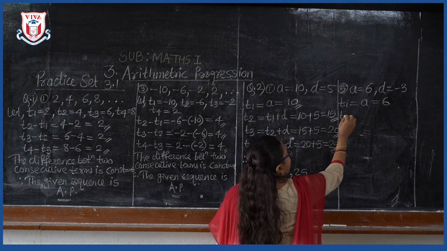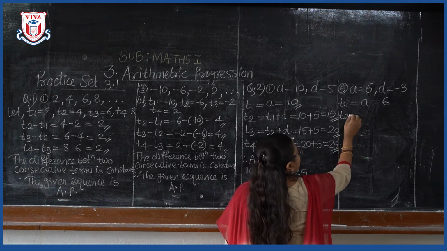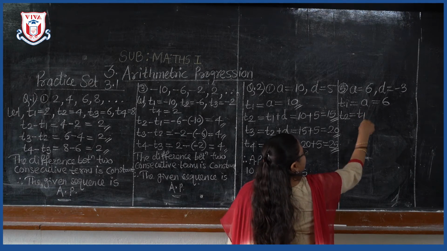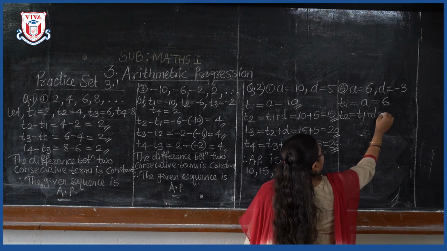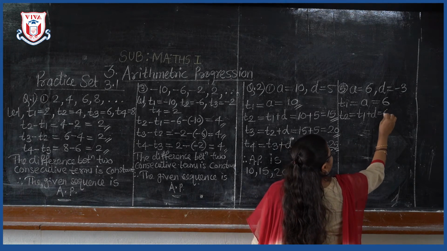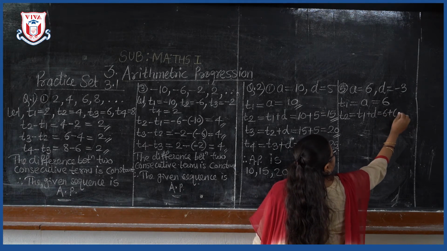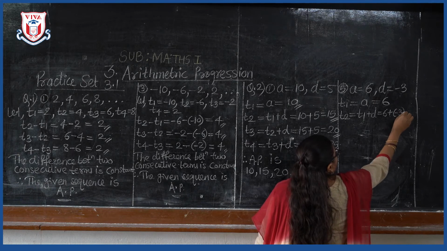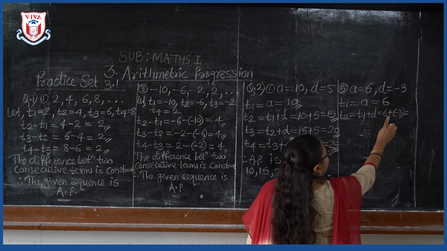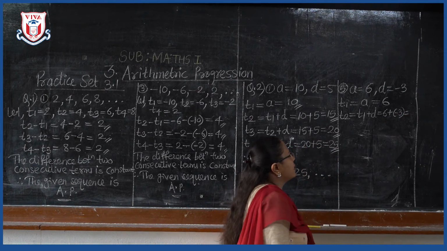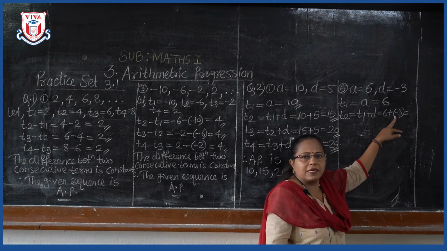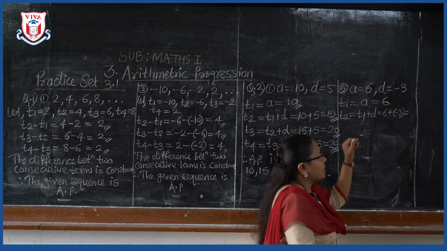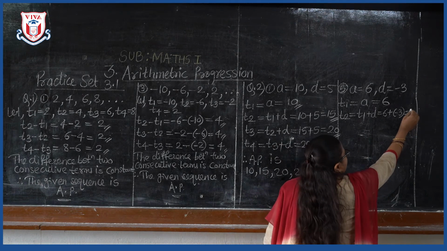To find the second term T2, what we have to do? In previous term T1, we have to add D. T1 is 6 plus D is minus 3. Now here plus into minus, minus. So 6 minus 3 is equal to 3. So second term we will get 3.